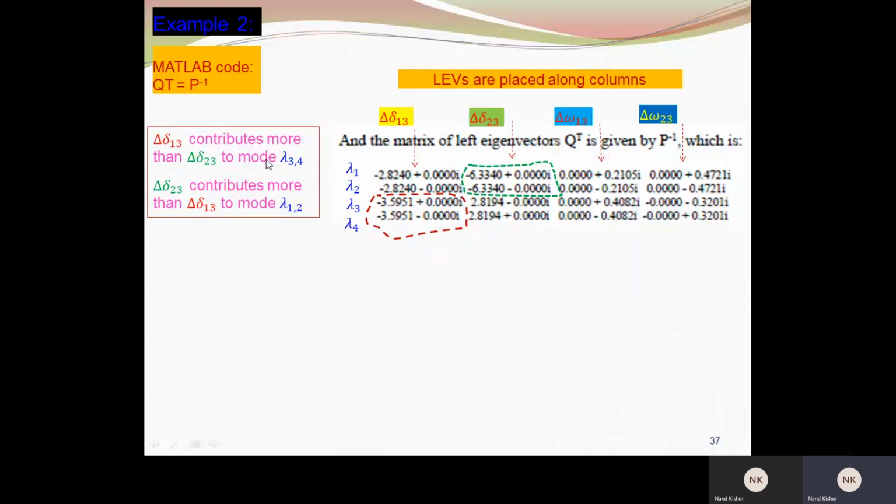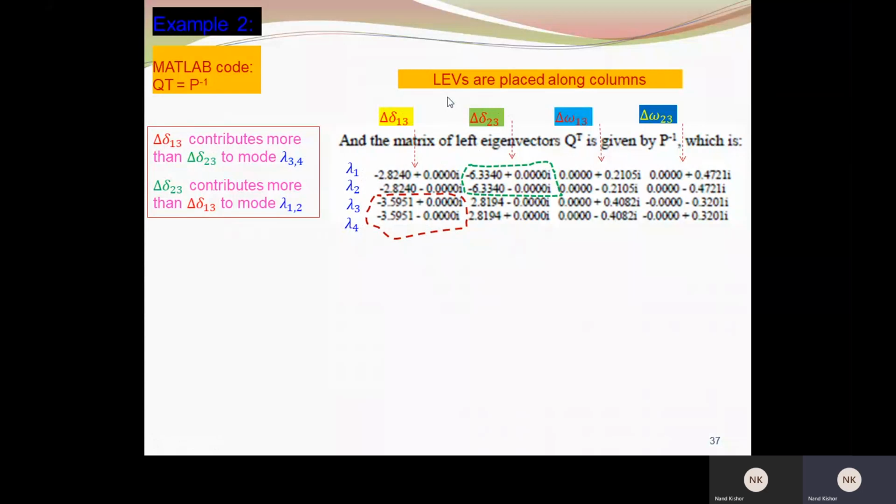Similarly, the contribution of this state variable is more than this state variable for lambda 1 and lambda 2 here. If you remember, the left eigenvector tells you the weighted contribution of a particular state to the mode. So for modes lambda 3 and 4, the contribution of delta 1 3 is much more than this one. So we get this information from the left eigenvector.